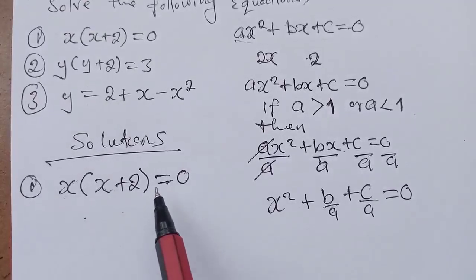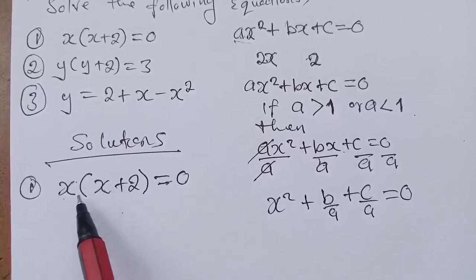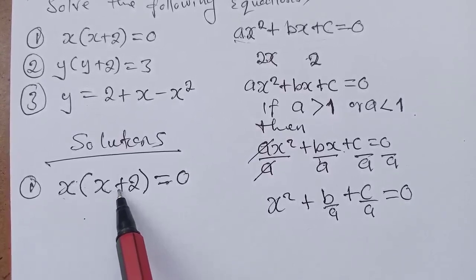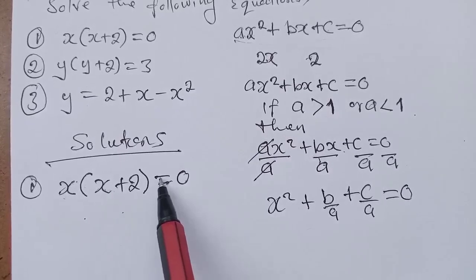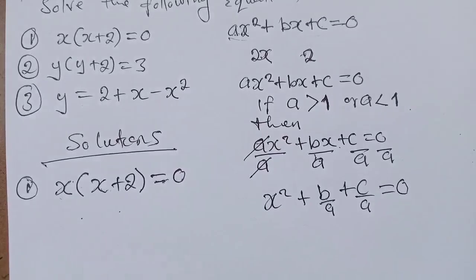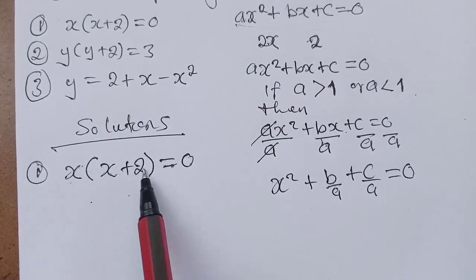If it just has two variables, there is this variable and there is also this variable, and these two are equal to 0, how do you solve it? Some people would start by multiplying x with everything inside, but no, that's wrong.